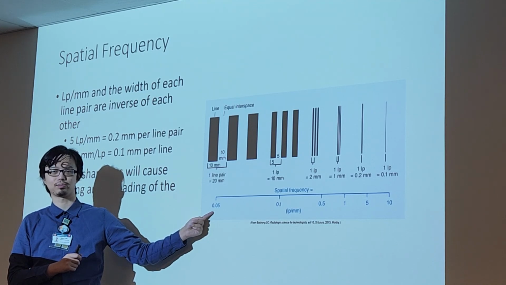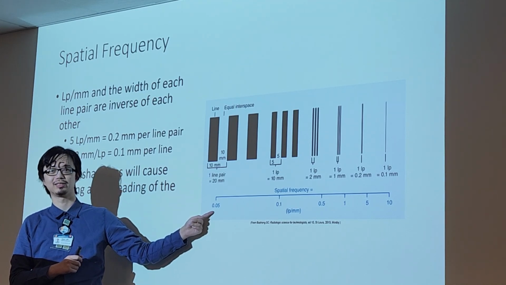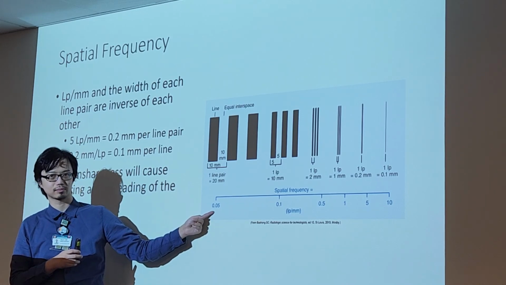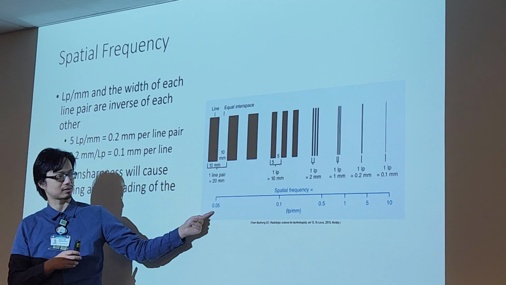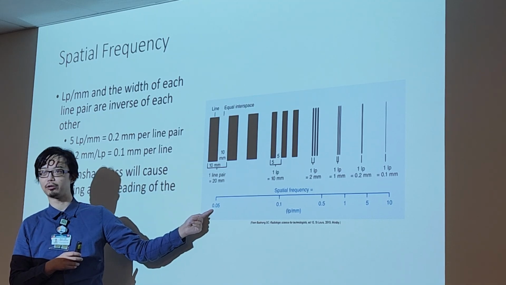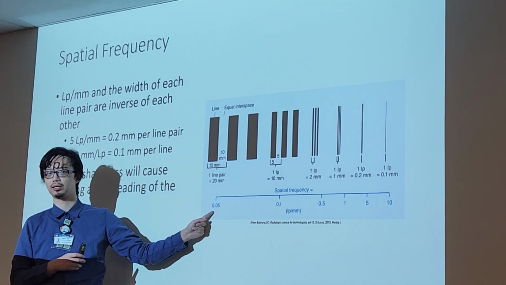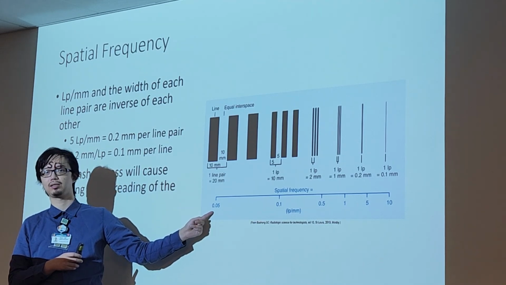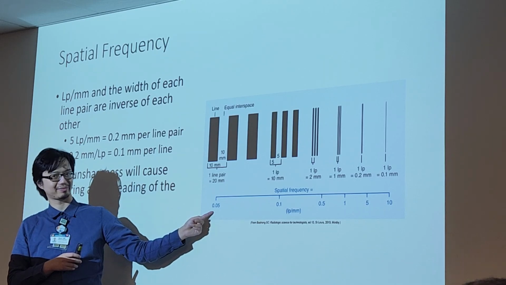Just what are we dividing by? Our line pairs per millimeter is 0.05. We need the inverse of 0.05. So how do you find the inverse? 1 divided by 0.05.